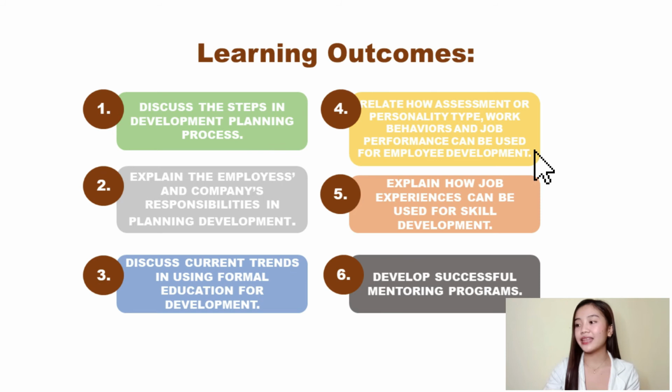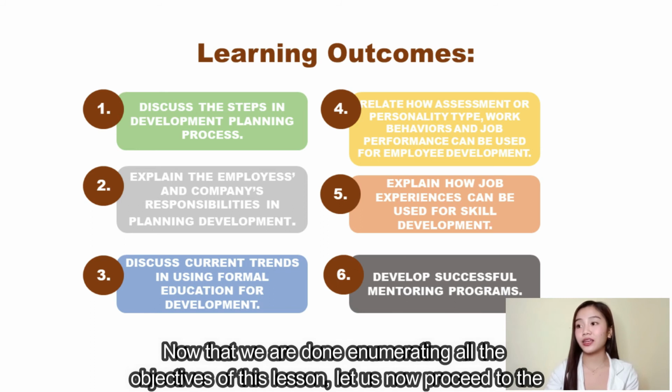Fourth, relate how assessment of personality type, work behaviors, and job performance can be used for employee development. Fifth, explain how job experiences can be used for skills development. And the last one is to develop successful mentoring programs.